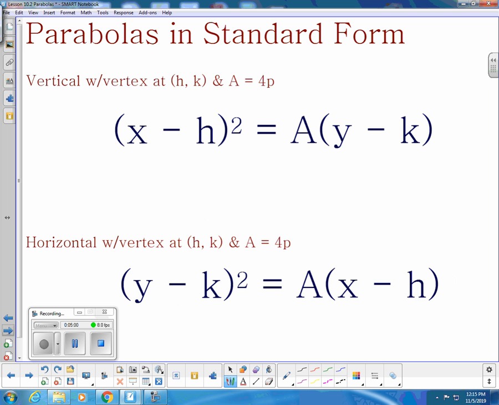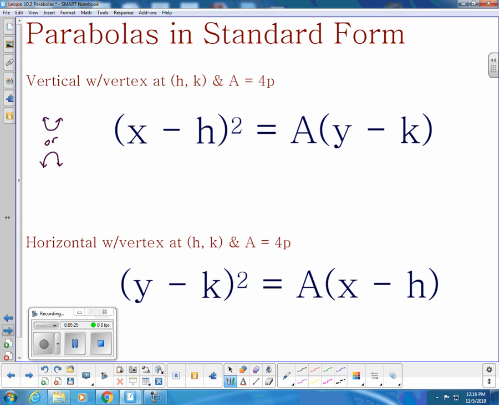So let's look at the equations. I would write these down, most definitely. Notice the x is squared in the first equation, so I know I have a vertical, opening up or down, parabola. One of these, which is what we're used to. But we're going to write it in this form. So the squared parenthesis is going to go on the left.